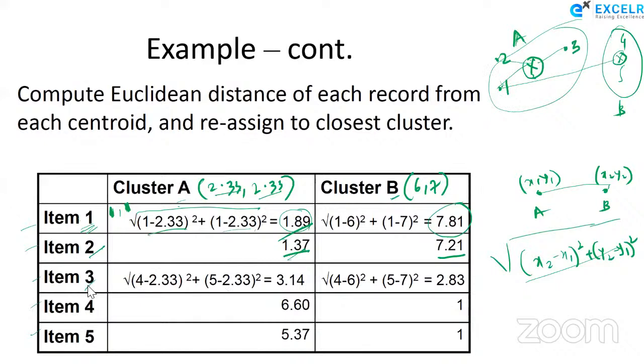Now let's go to the third data point. In the third data point, as you can see, 4, 5 are the coordinates of the data point. Now I subtract from the cluster centroid A coordinates and take a square root, and calculate the distance. So this distance comes to be 3.14, and the distance of the third data point to centroid B is 2.83. Now here is the problem.